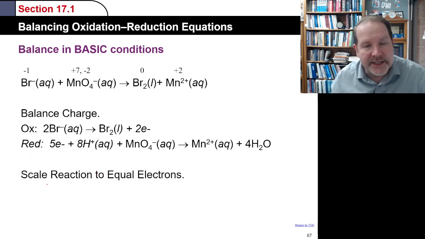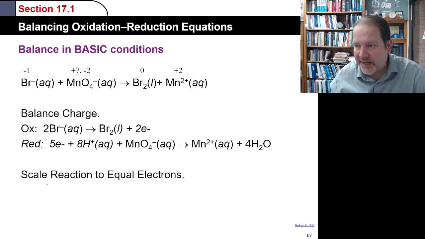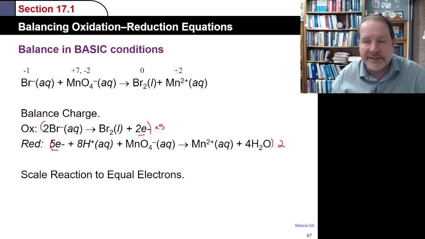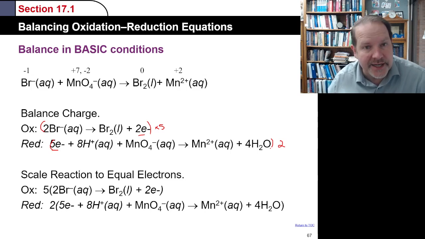Now I need to balance the number of electrons from the oxidation and the reduction half reactions. So you can see I have 2 here and I have 5. So I'm going to find a common multiple, which is 10. So I'm going to multiply this one by 5, and I'm going to multiply the bottom reaction by 2. In doing so, that will give me 10 electrons for both half reactions.